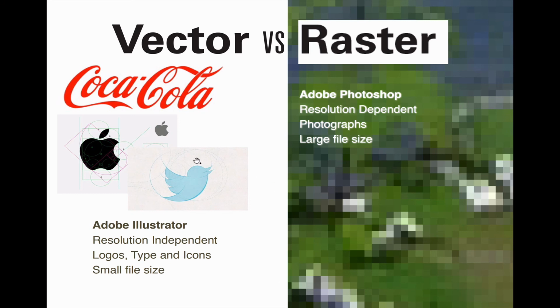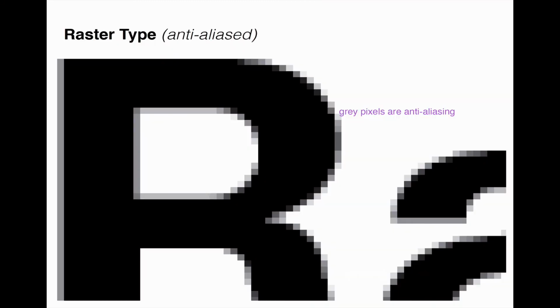Once again, the limit of raster technology was that stair-stepping, although a technique called anti-aliasing was eventually developed to try and soften that with gray pixels, which make it less noticeable, but still nothing like the level of crispness that vector type can offer. Looking at vector type, it's described with a series of anchor points and paths.